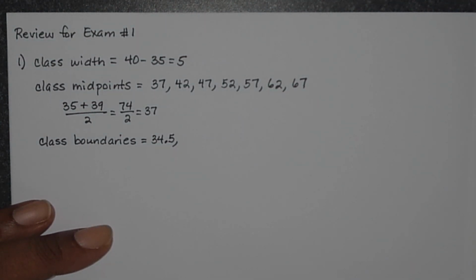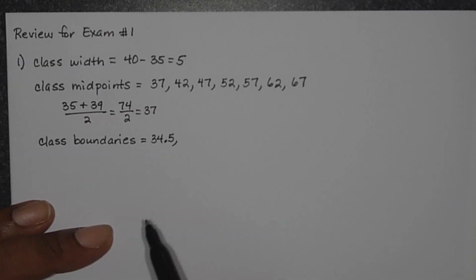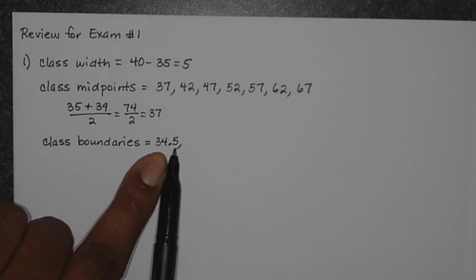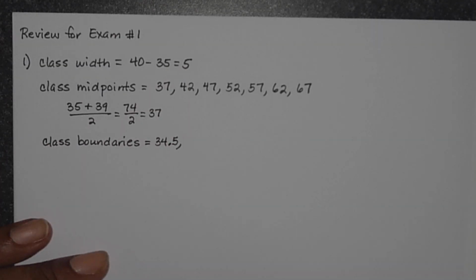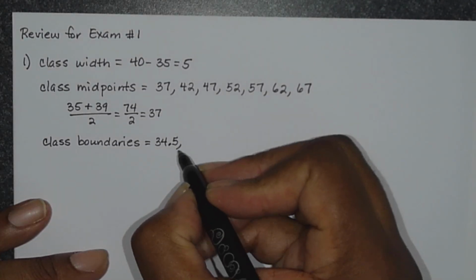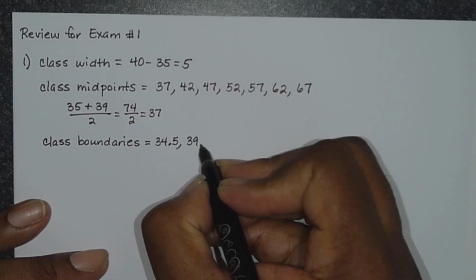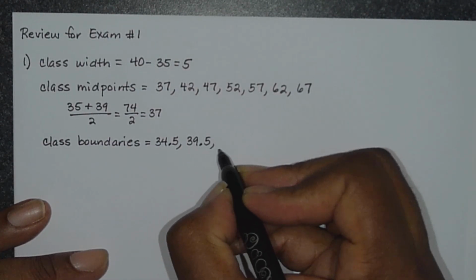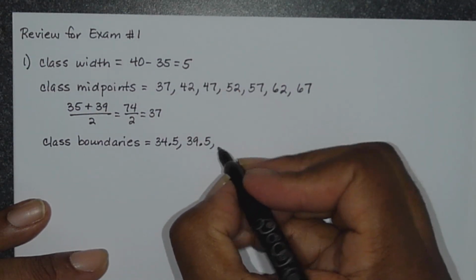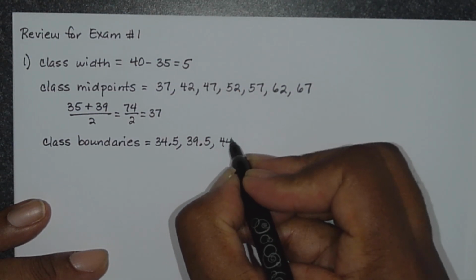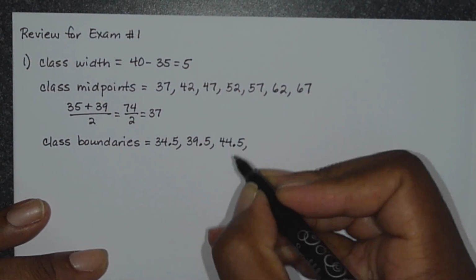And then to the 34.5, we can add 5 since the class width is going to be 5. That's going to give us 39.5. And then add 5 to that 39.5, that would be 44.5.